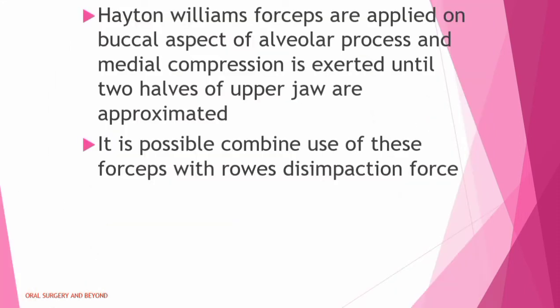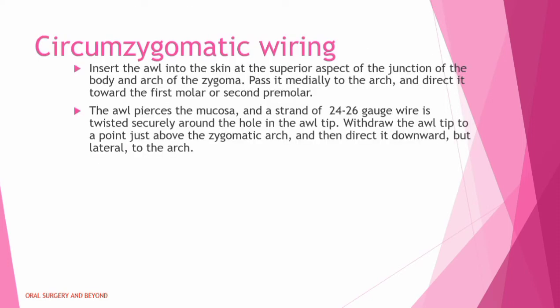Hylton-Williams forceps are also applied on the buccal aspect of the alveolar process and medial compression is exerted until the two halves of the upper jaw approximate. It is possible to combine the use of both, the Rowe disimpaction and Hylton-Williams forceps.